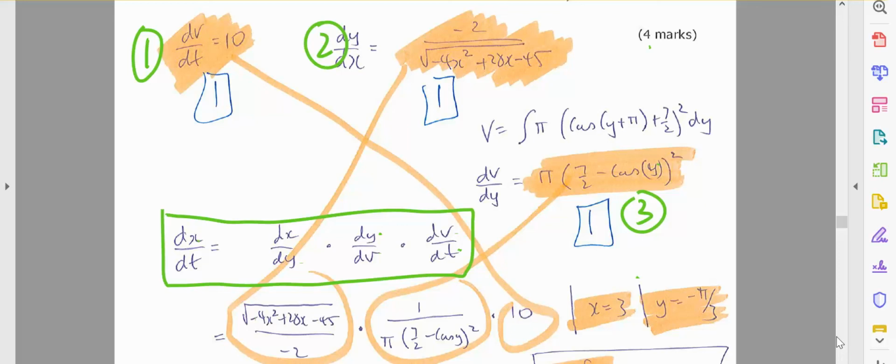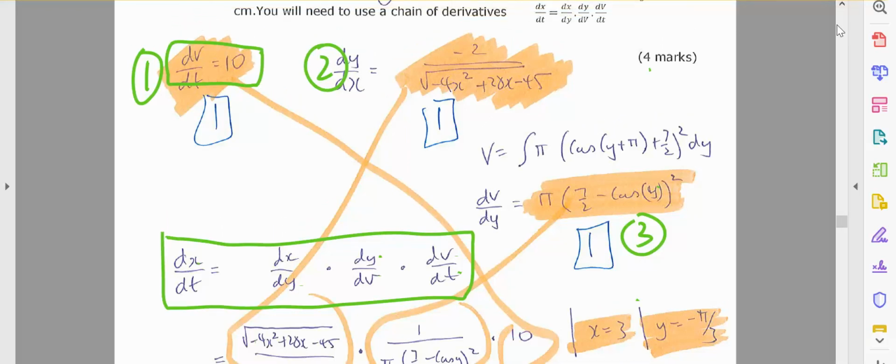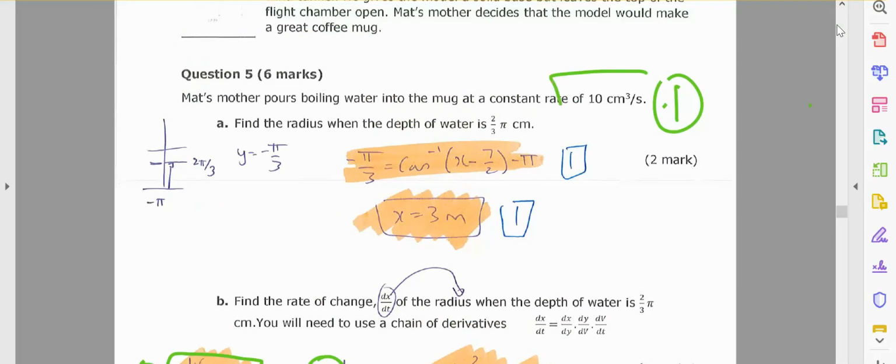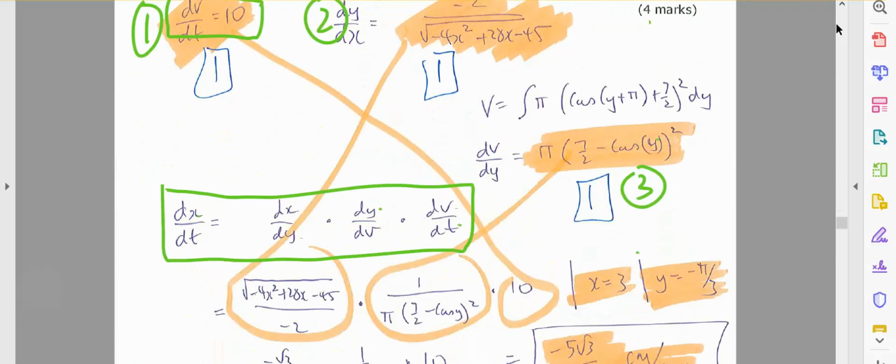And looking at the rate of change, which is your dv dt, that comes from here. That Matt's mother pours the water in at a constant rate of 10 cubic centimetres per second. So that's the first bit.